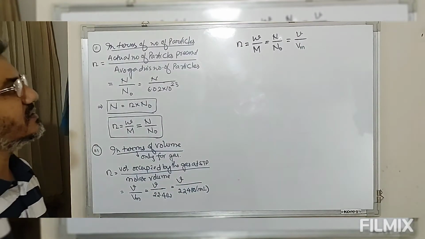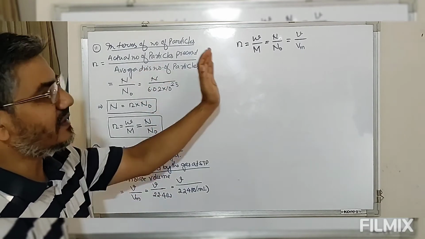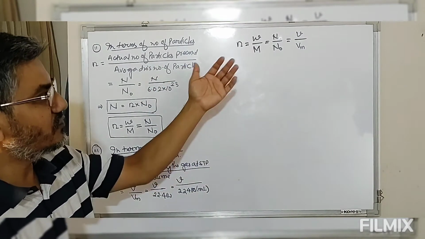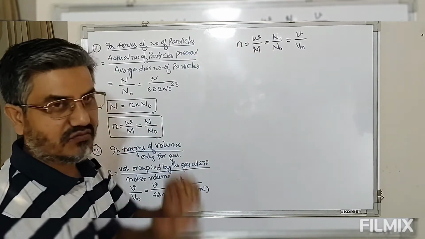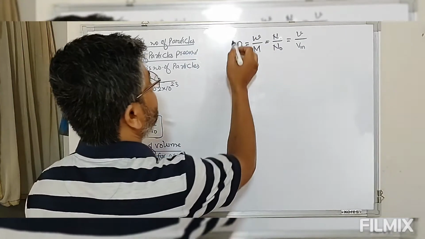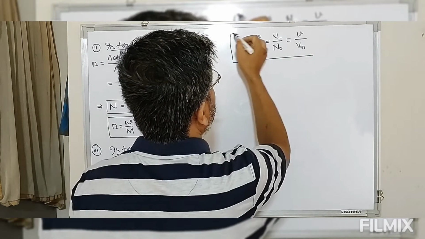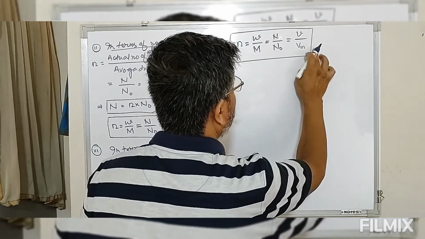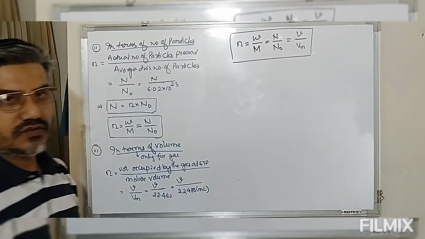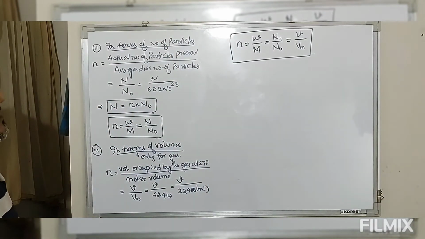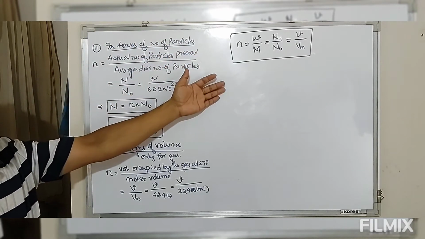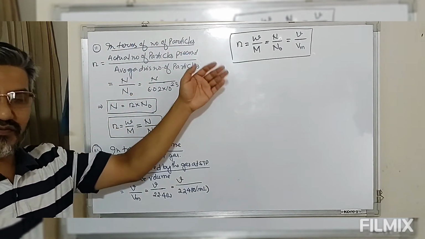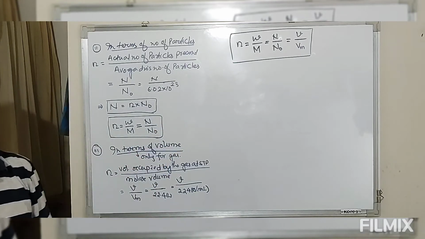So now look at this. This can be used for interconversion. Mass into volume, volume into number of particles into mass, etc. So we are going to use this to define number of moles, and from this we can define mass, or if mass is given then we can also define number of moles.